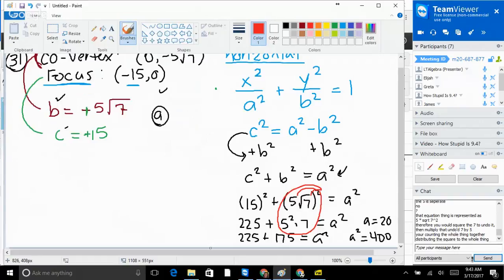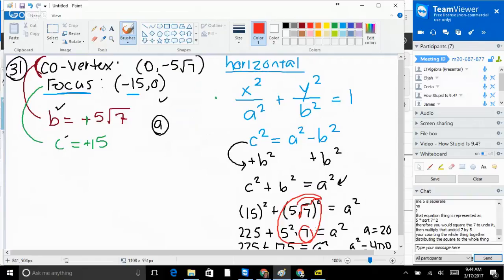So we have 5 squared times 7, and 7 is alone because the square root and the square undo each other. I don't know if I answered that. Anyways, okay. So we figured out what a was.